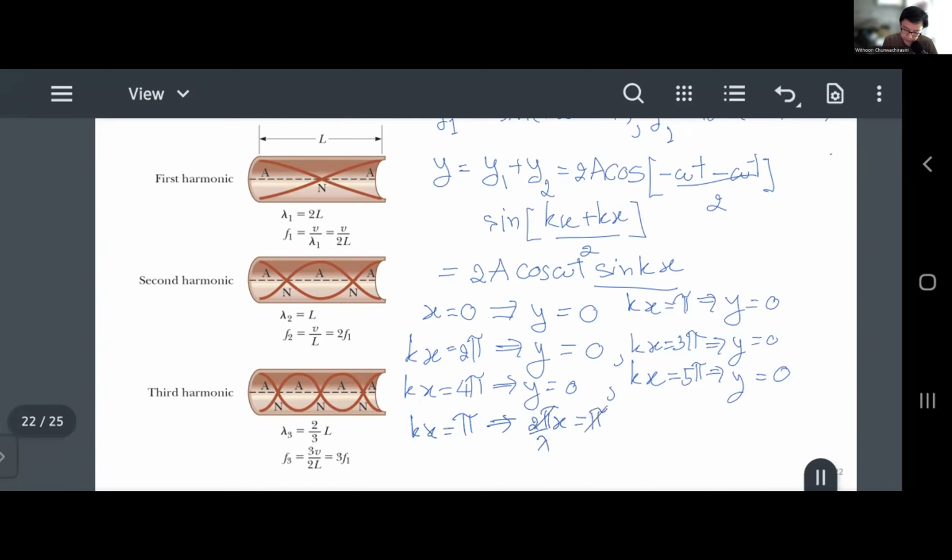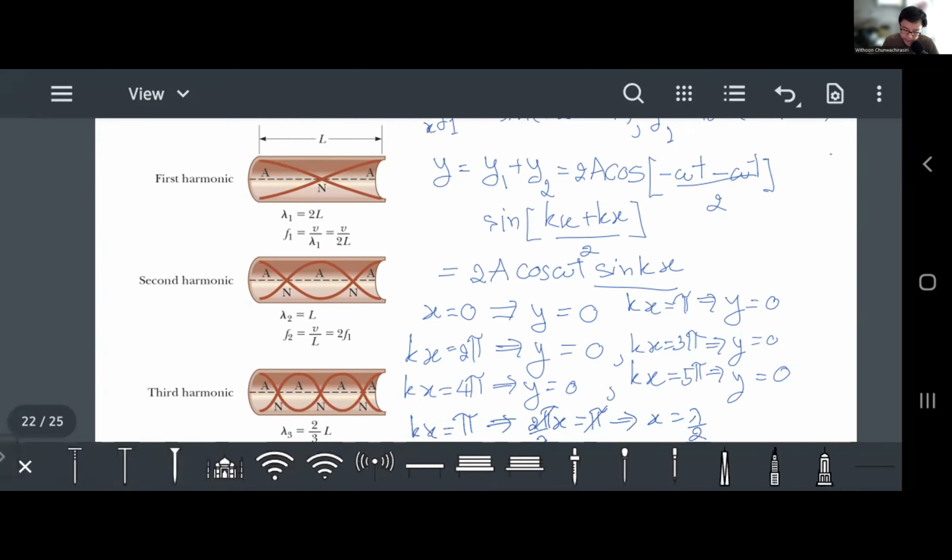Pi cancels, so x is lambda over 2. So at x equal to 0, nothing moves. At x equal to lambda over 2, nothing moves. I can keep going with kx equal to 2 pi.